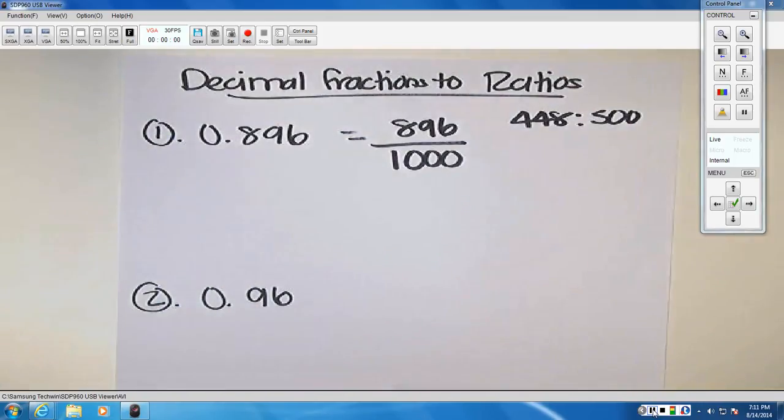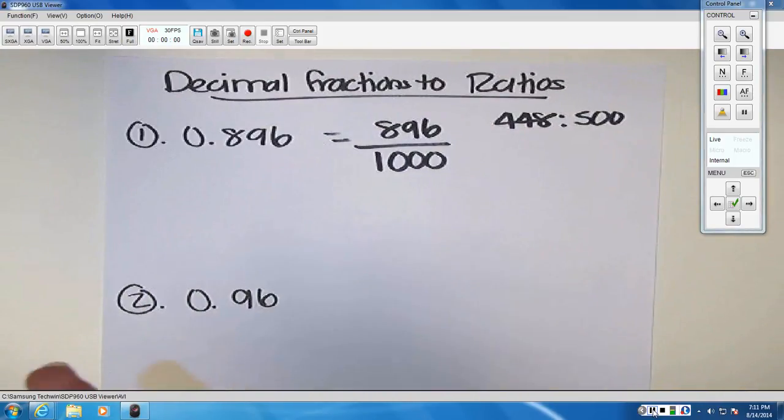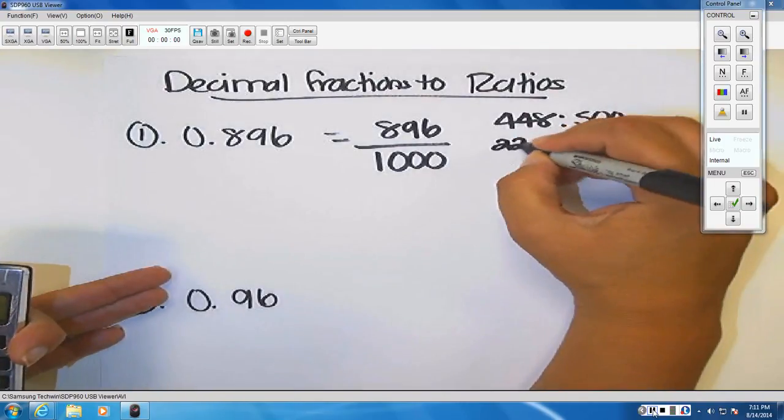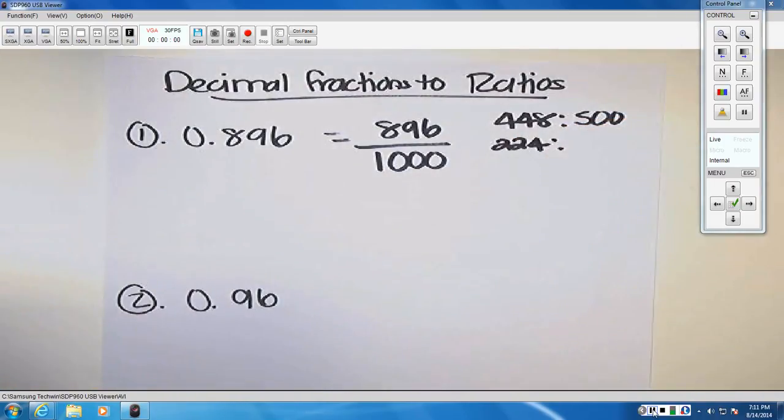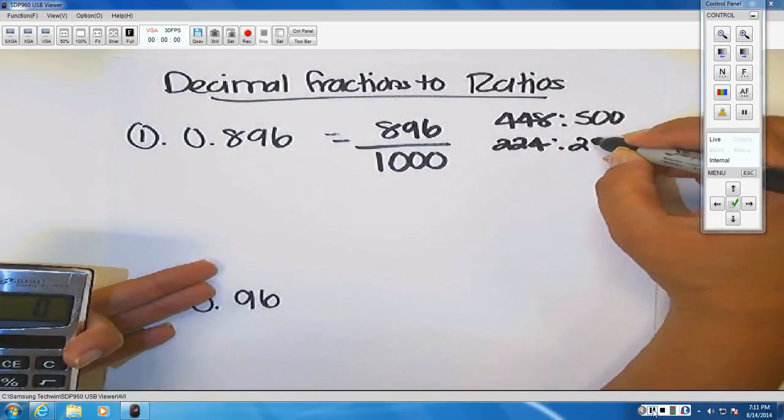Okay, so there I have that. And I can look at that and I can say, you know what, I know I can reduce that. And I know that 2 will go into both those numbers. So I'm just going to reduce it again. So I'll take 448 divided by 2, and I get 224. And I know that 2 will go into 500 250 times.